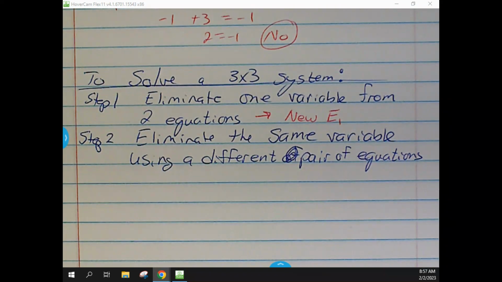Okay, so eliminate one variable from 2 equations. And the key thing on that one is, if you do this, then you're going to be okay.